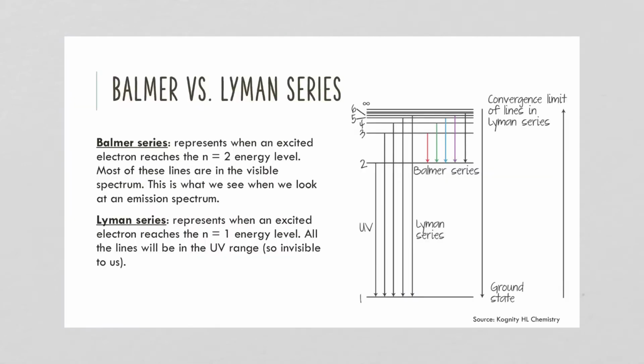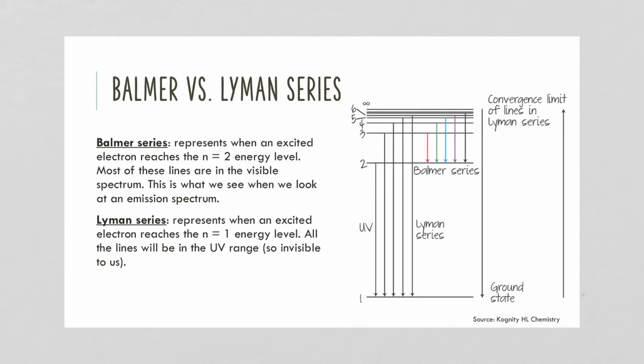When electrons get excited and jump to higher energy levels, they will jump down to different energy levels, but the only ones that are visible to us are the ones that jump down into energy level n equals 2, because this is in the range of the visible spectrum. That is called the Balmer series.